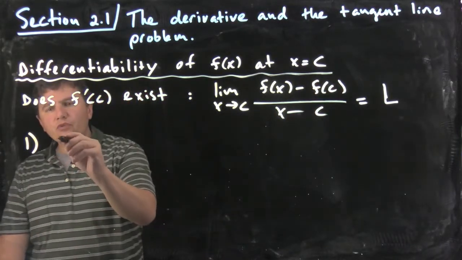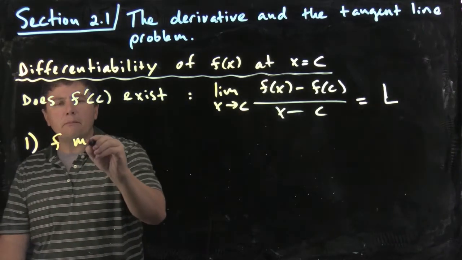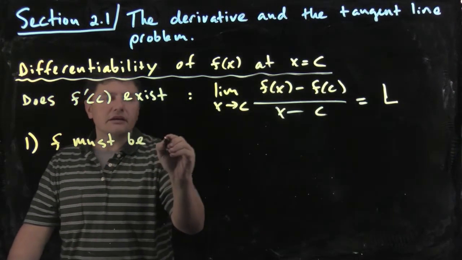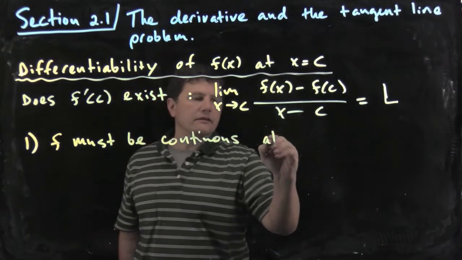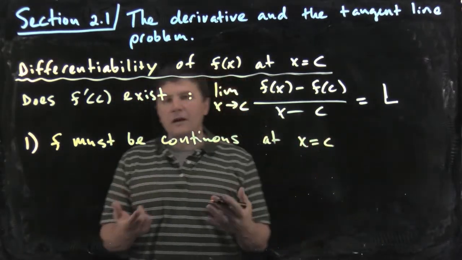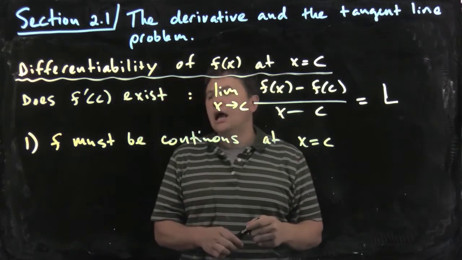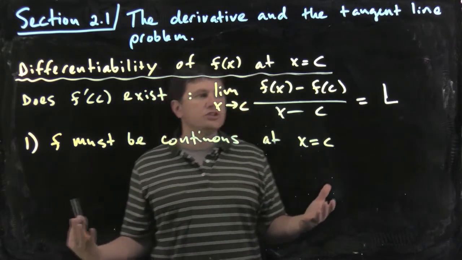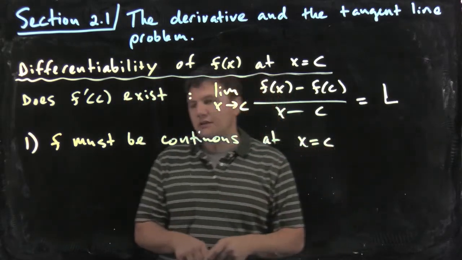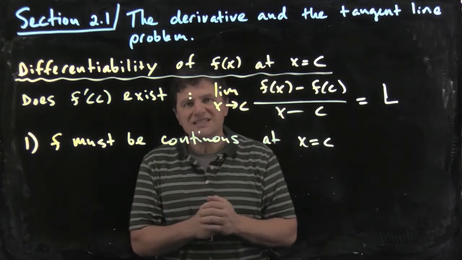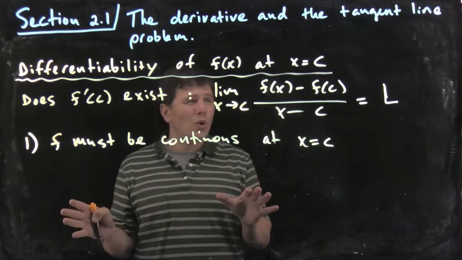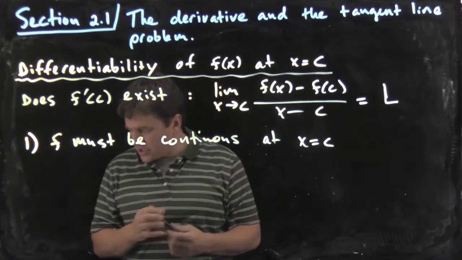So first of all, f must be continuous at x equals c. We talked about continuity in chapter 1. If we want to talk about whether or not it's differentiable, the first thing we see is if it's continuous. If it's not continuous, even if it just has a hole, end of story, it's not differentiable.